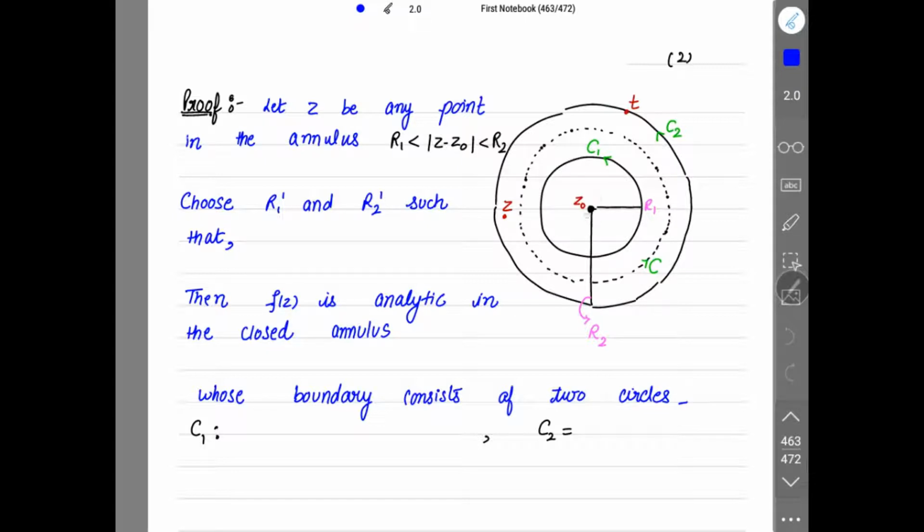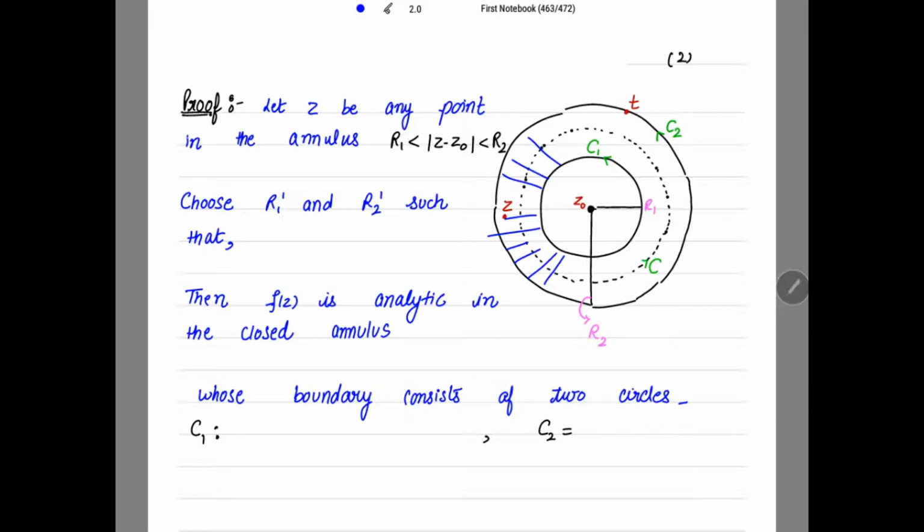The first disk is having the radius r1, and the second disk is having the radius r2, and I'm having a point z in this annulus. This is your annulus, right? And these circles are in the counterclockwise direction, and I'm having this C as a closed contour in this annulus, right? So let's start with the proof.